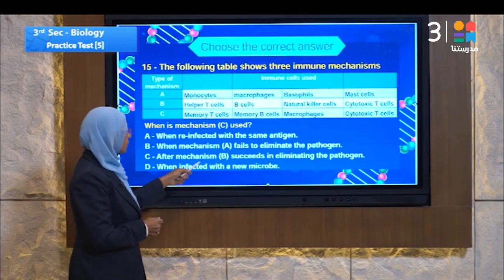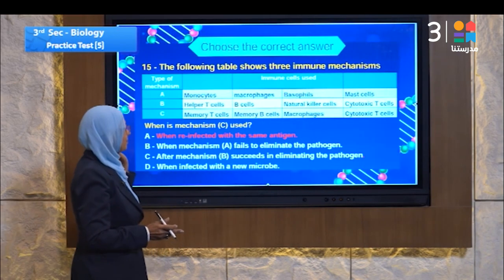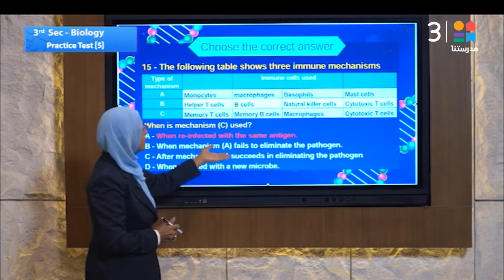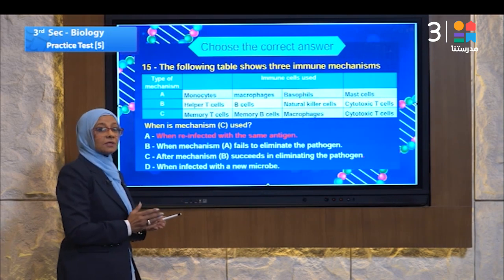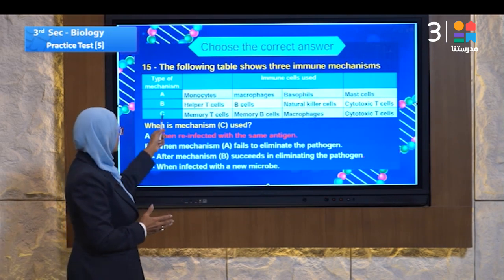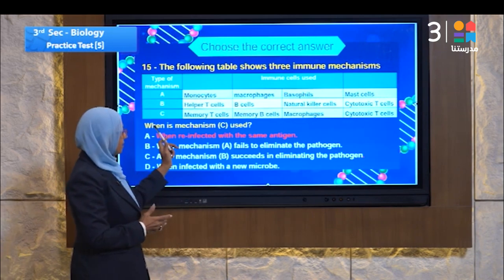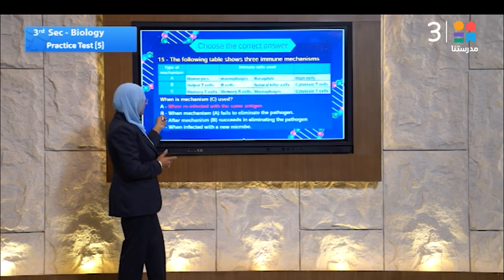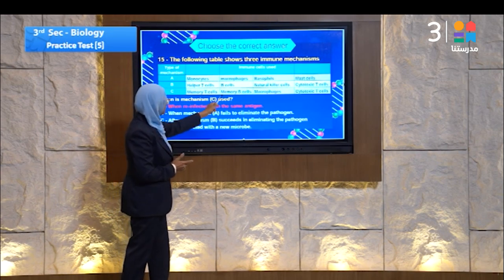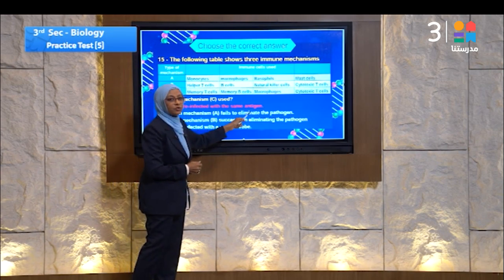When infected with a new microbe, let's go to the answer. The answer must be A. When reinfected with the same antigen, the immune system uses these cells to make a defense. So the answer: C is used when reinfected with the same antigen.